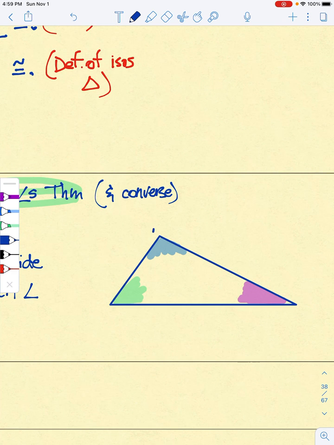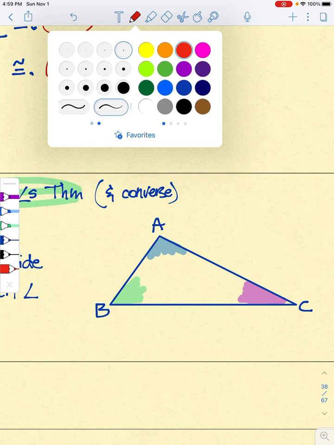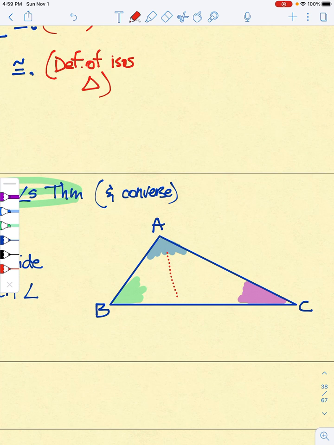All right. Again, I'm going to be boring. Call it angle ABC. The side that is opposite angle A here looks like it's the largest side, and angle A looks like it's the largest angle.